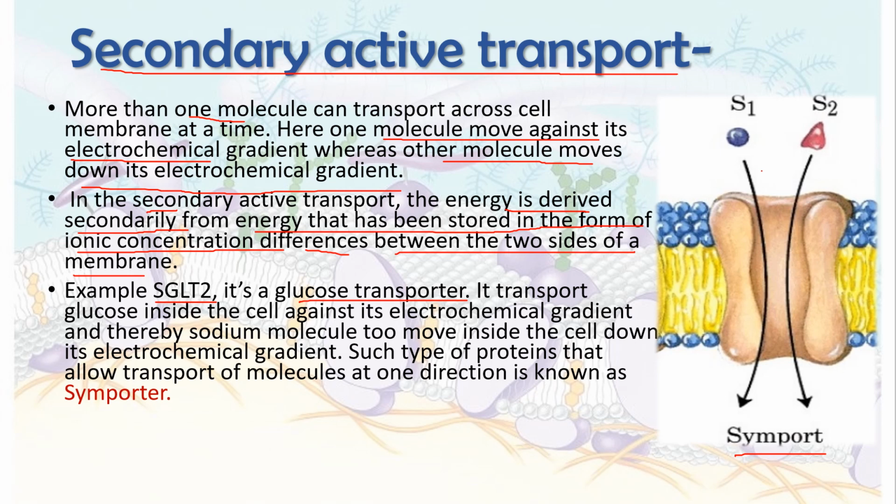It transports glucose inside the cell against the electrochemical gradient, okay, and thereby allows sodium to move inside the cell down its electrochemical gradient. Such type of protein that allows transport of molecules in one direction is known as symporter.